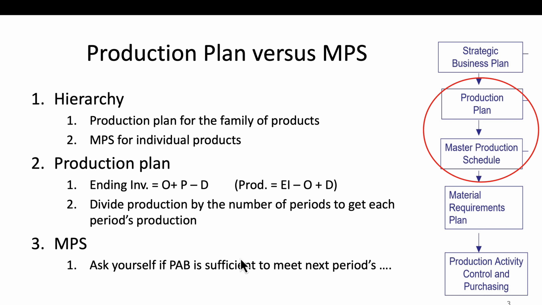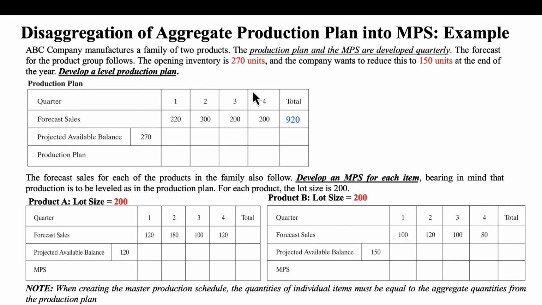Here is an example whereby we will be converting a production plan into master production schedule of individual items. Here we have two items, product A and product B, and this is our production plan. Production plan is at the level of family of products, whereas master production schedule is at the level of individual products.